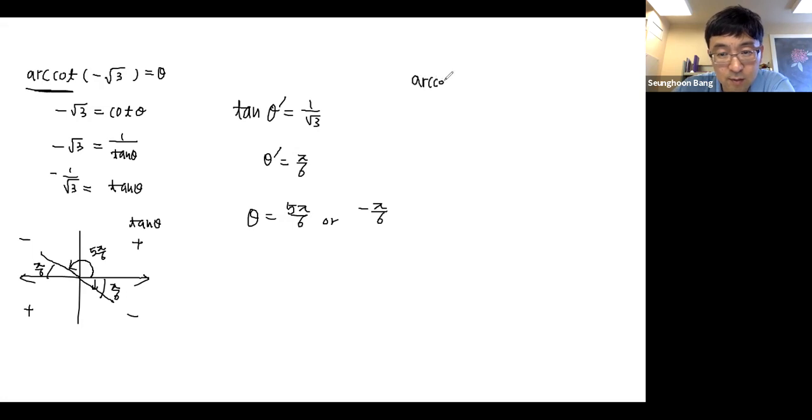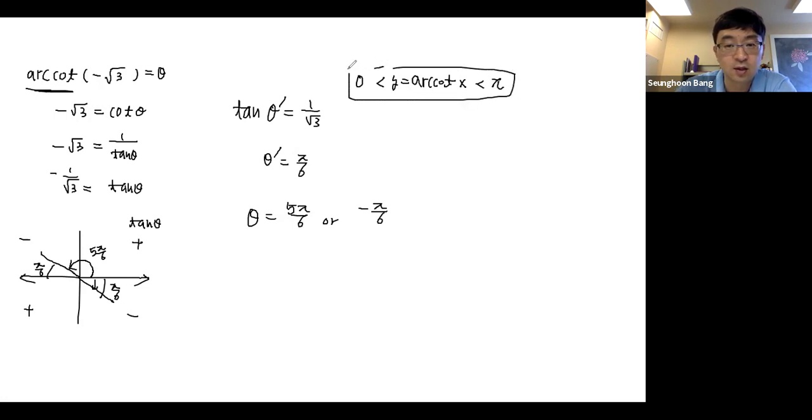Arccotangent of x is the y value. You can just see the textbook. The range is from 0 to pi. So don't use the negative pi over 6. The answer is 5 pi over 6. This is the whole idea.